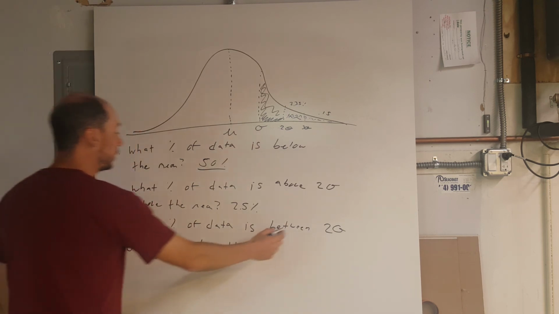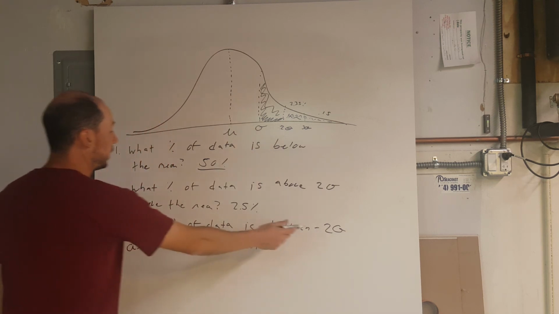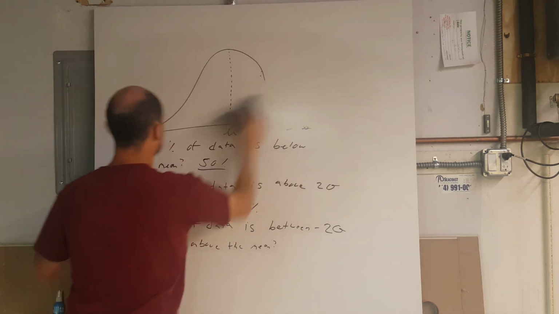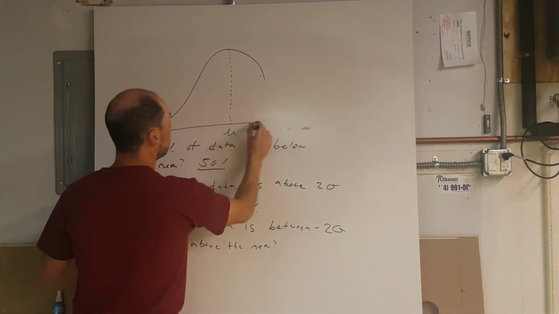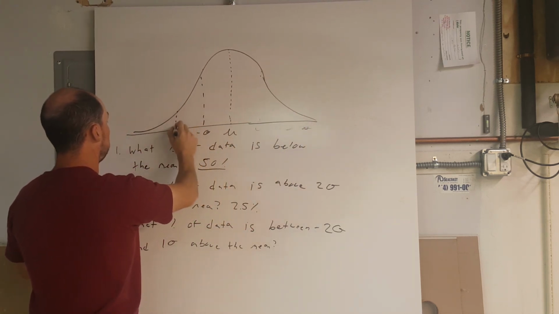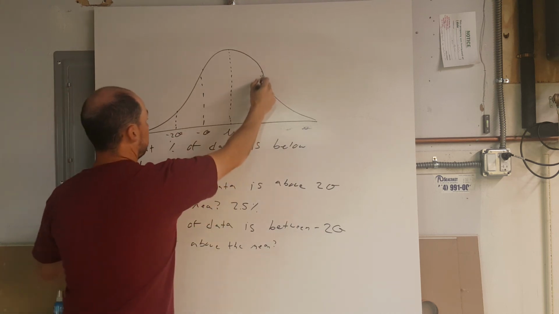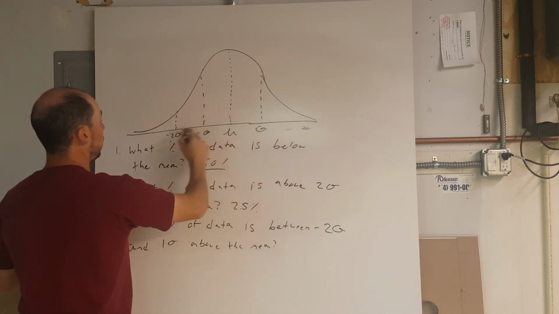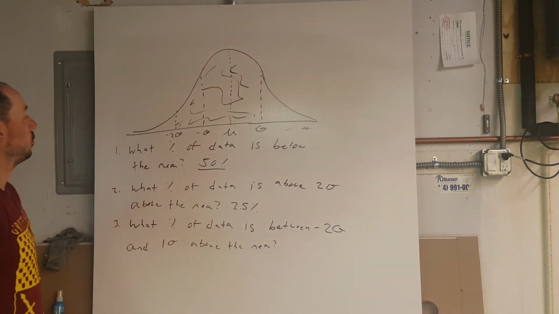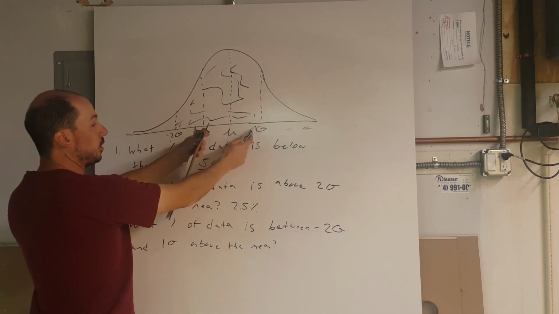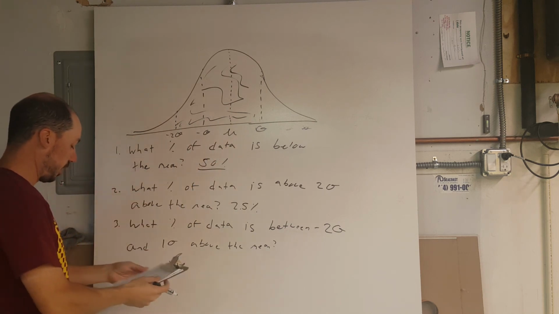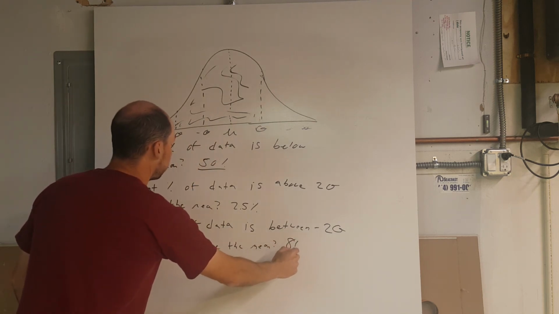What percent of data is between 2 standard deviations below, -2 sigma, and 1 sigma above? So let's erase this. We're looking for -2 sigma, -1 sigma, and +1 sigma, this area. Within 1 standard deviation is 68%, plus this section, which had 13.5%. 68 plus 13.5 gives us 81.5%.